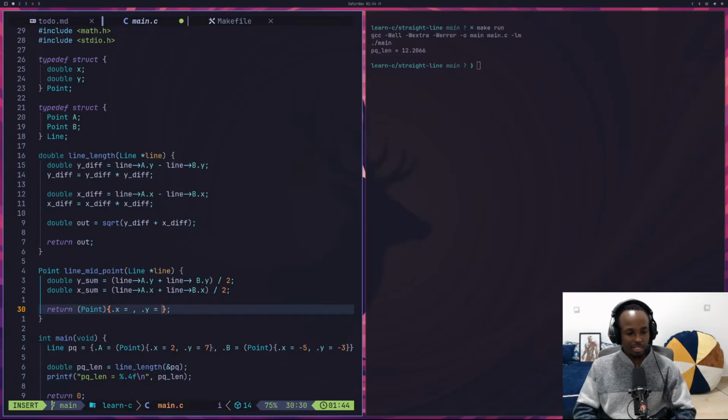So dot y will be the y sum, then dot x will be the x sum, and that looks about right. So this, the saying y sum, that's not the sum. Let's just have the y coordinate, then let's have the x coordinate.